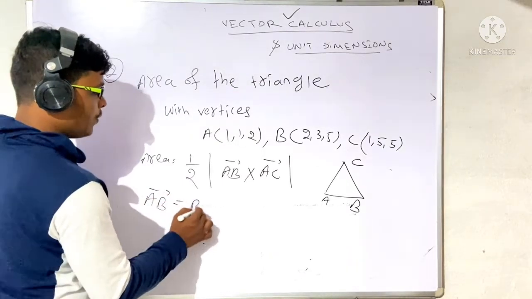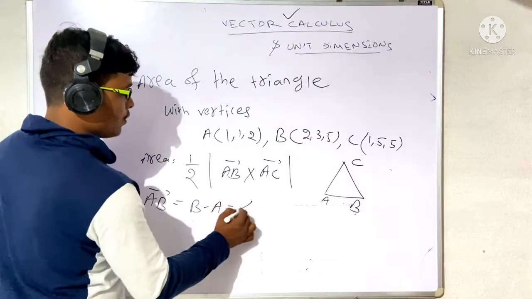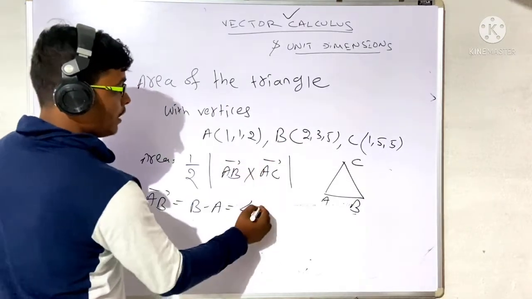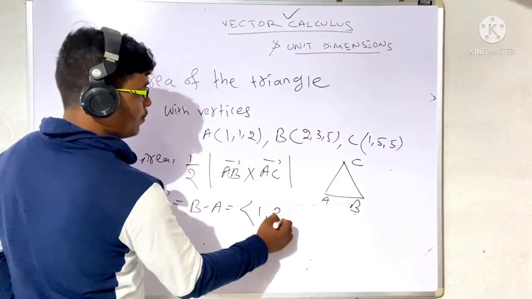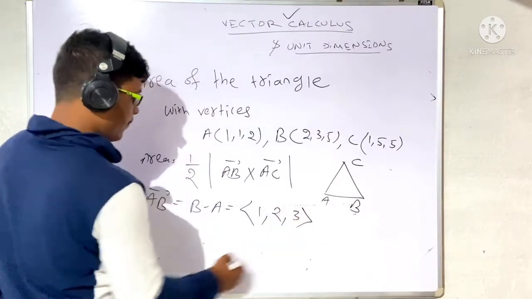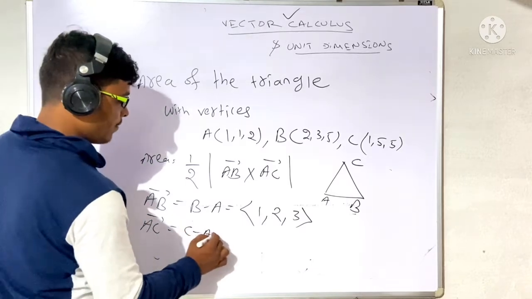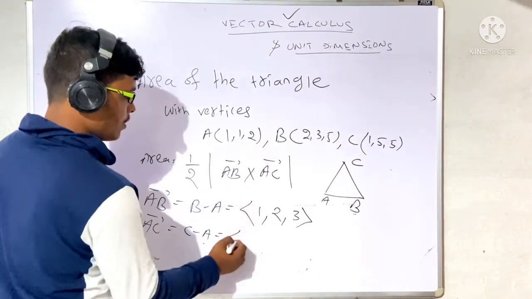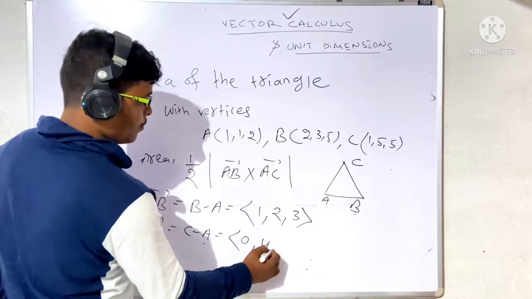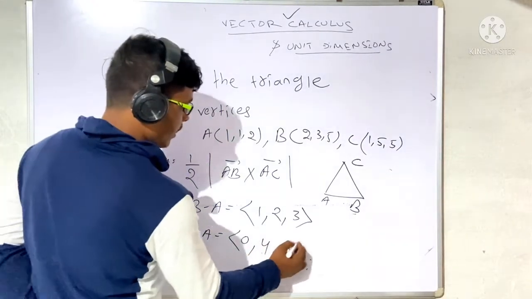This is B coordinate minus A coordinate: 2 minus 1 is 1, 3 minus 1 is 2, 5 minus 2 is 3. Then AC is C minus A: 1 minus 1 is 0, 5 minus 1 is 4, 5 minus 2 is 3.